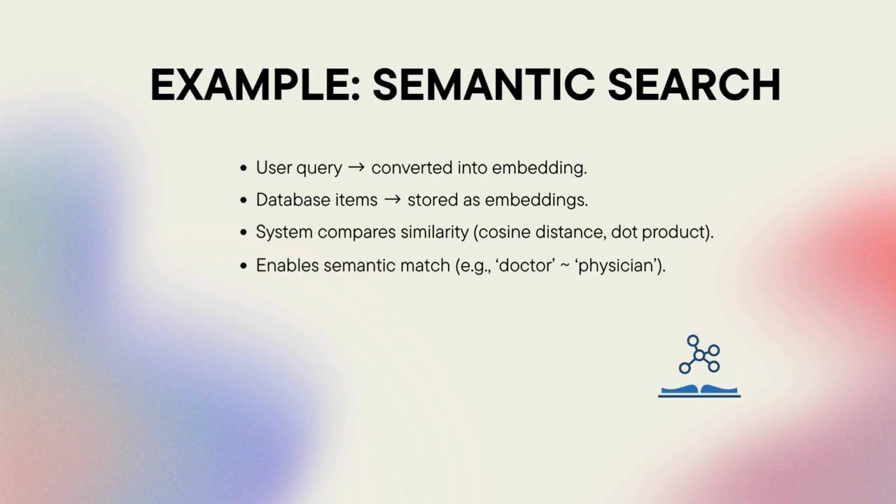The system compares them, often using cosine similarity or dot product, to find what's closest in meaning. That way, documents that use the word doctor also show up, even though they don't contain the keywords you typed. This is what makes embedding-based systems feel more intelligent. They search based on ideas, not just words.